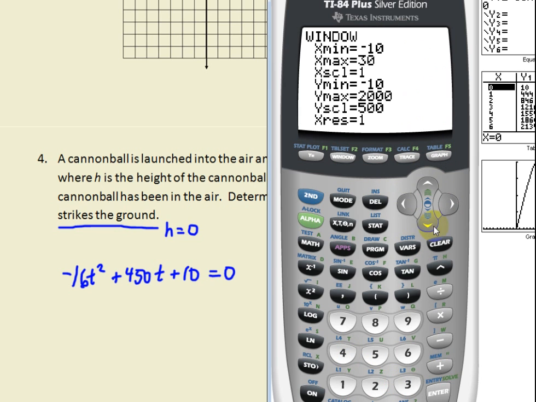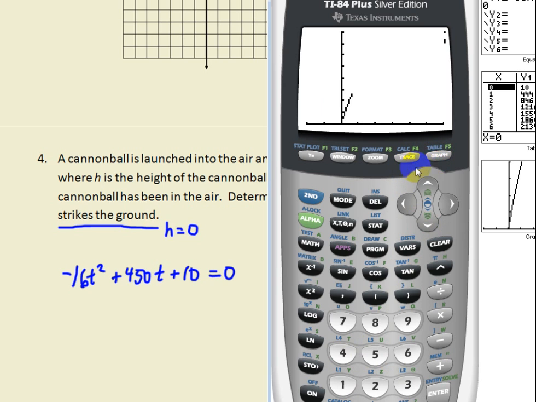Let's go up to 30, and scale, let's go by 5s, and for y max, let's go ahead and double that to 4,000, and let's see what happens now. So we follow, and now we see it drop.